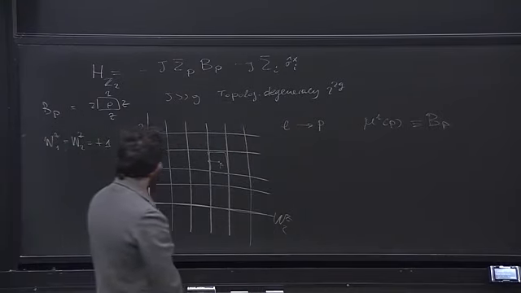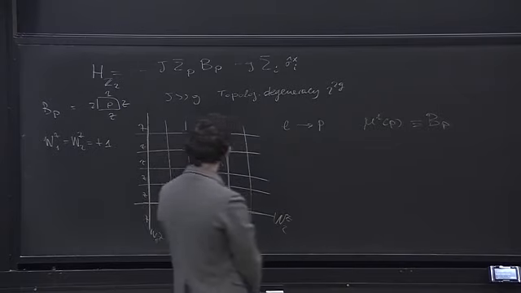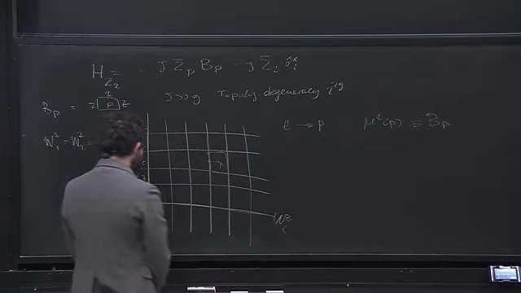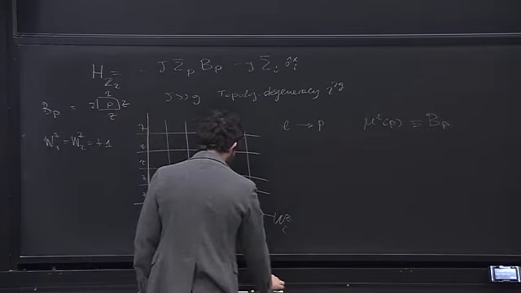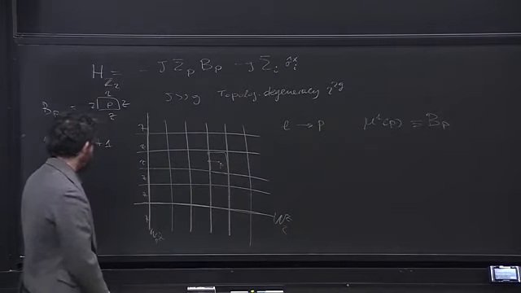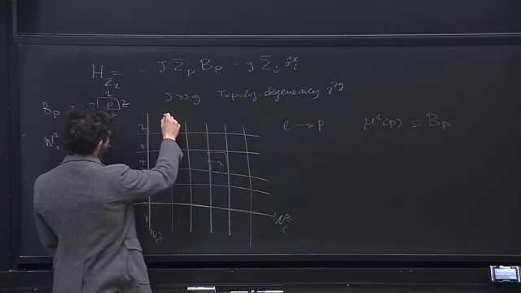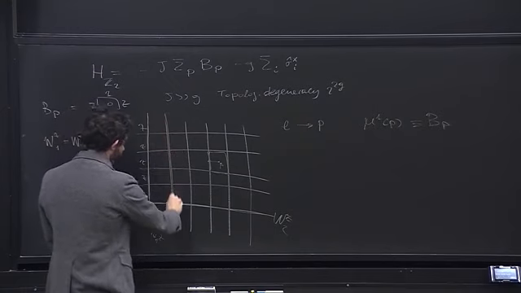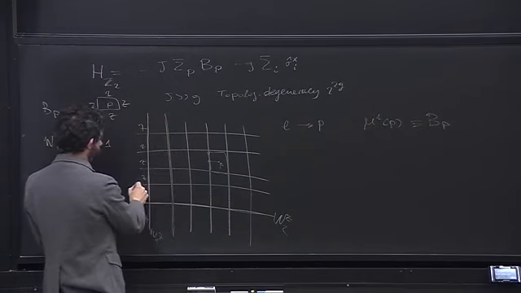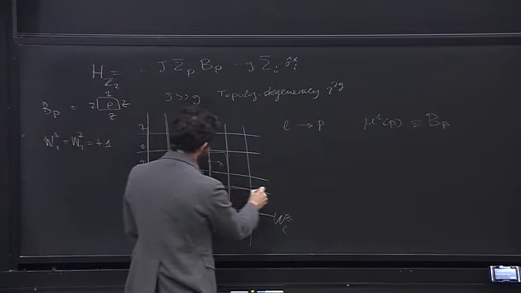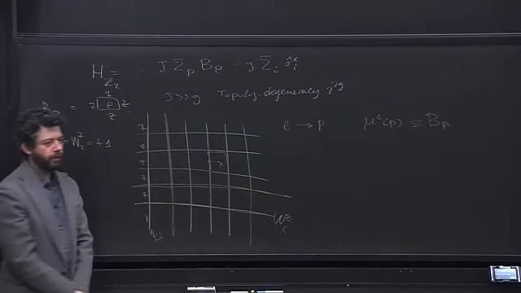And now we want to define some string operator. To define this string operator, we choose on the lattice 2 reference lines. They can be anywhere. So let me choose these 2. These are just 2 reference lines.